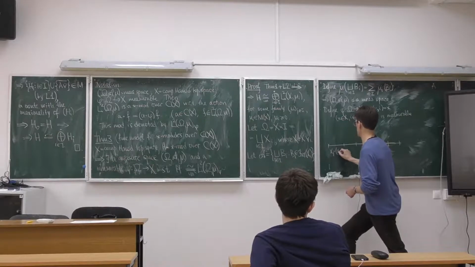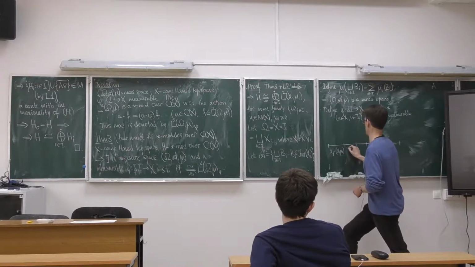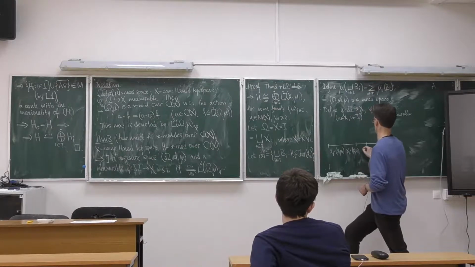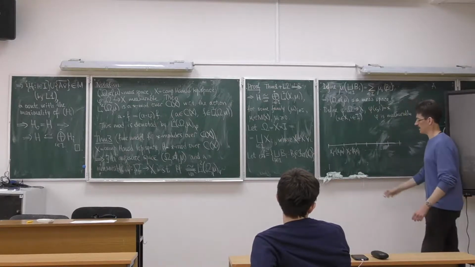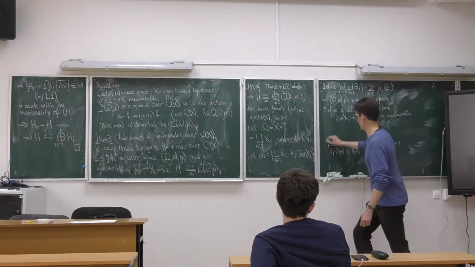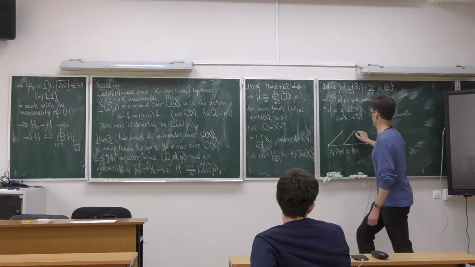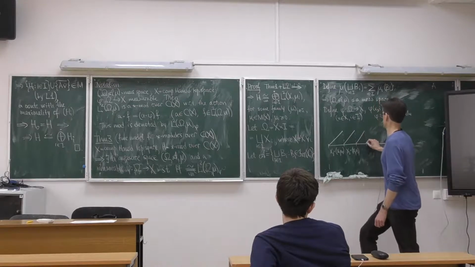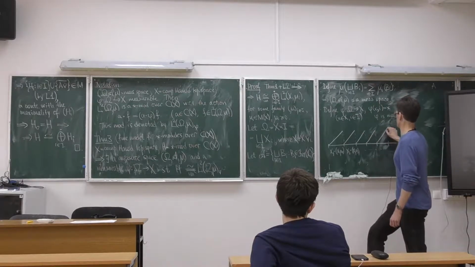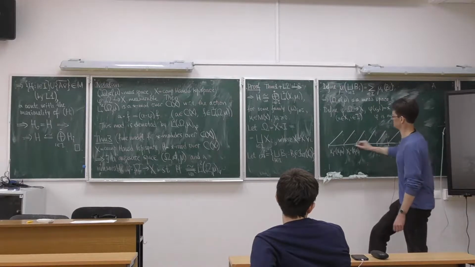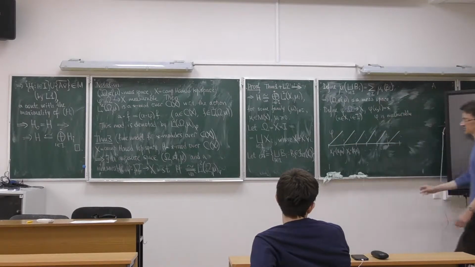X_1 is X equipped with the measure mu_1, X_2 is X equipped with the measure mu_2, and so on. And the function phi has the following graph. So this is the picture which represents our measure space and our function phi.